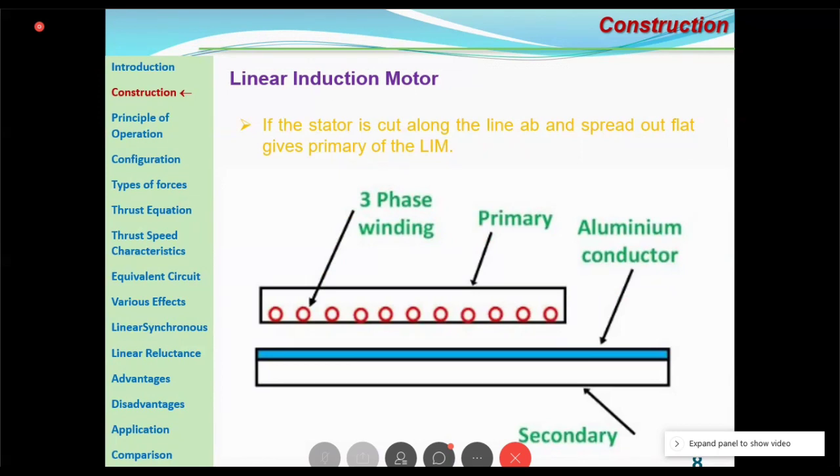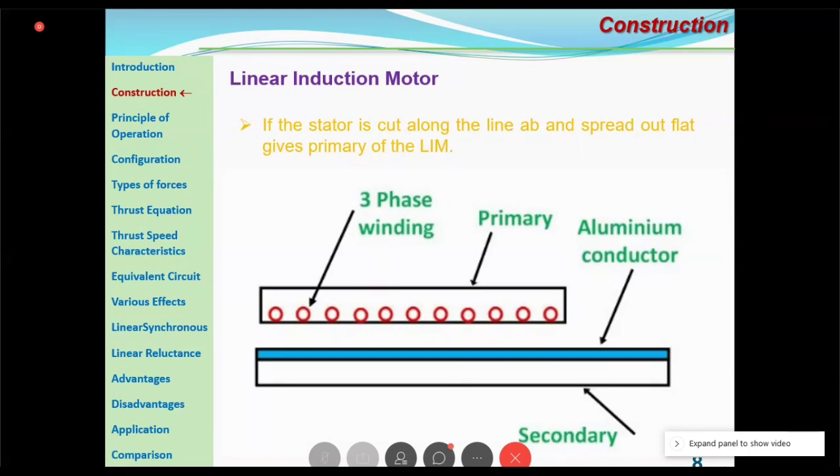That means if the stator is cut along the line AB and spread out flat, it gives the primary of the system, which you can call the field system. This field system can have either a single primary or a double primary.